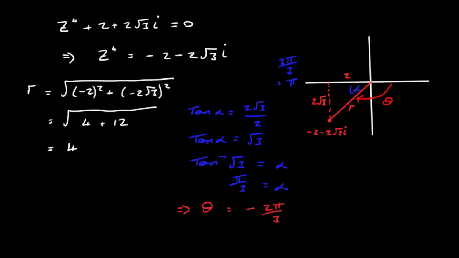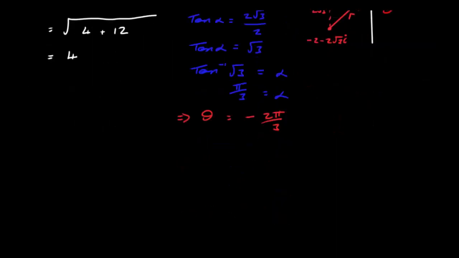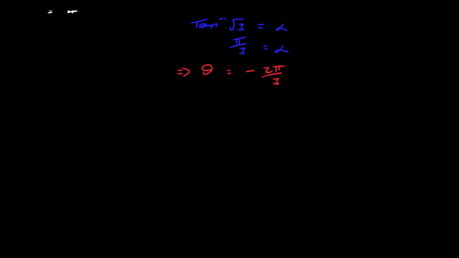Okay, so we have our modulus and we have our argument. So let's just write the complex number then in polar form, or indeed in general polar form. Okay, so our complex number was minus 2 root 3i.